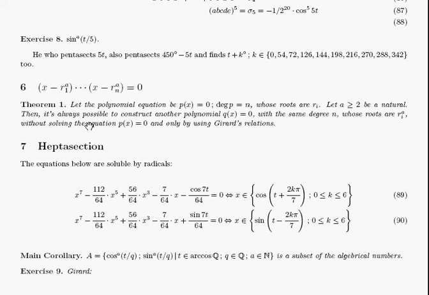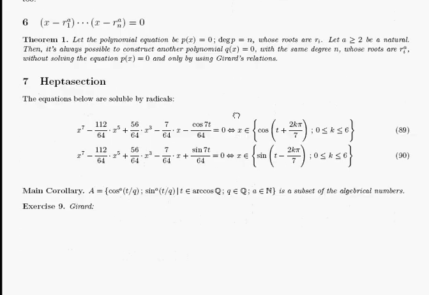Then it's always possible to construct another polynomial q of x equals 0 with the same degree n, whose roots are ri powered to a, without solving the equation p of x equals 0 and only by using Girard's relations.